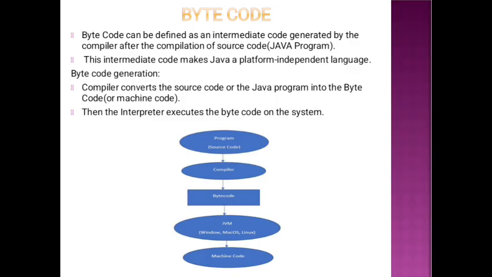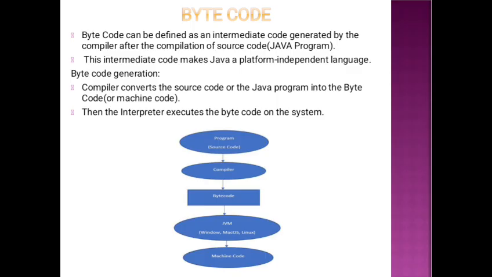So the JVM contains 2 things, that is the Java class loader and the Java interpreter. The class loader loads the main class into the JVM for execution, because the main class file is needed for execution.